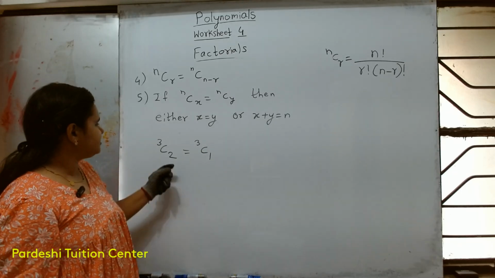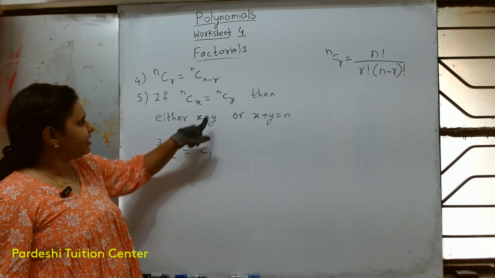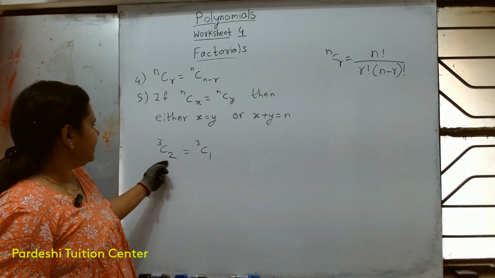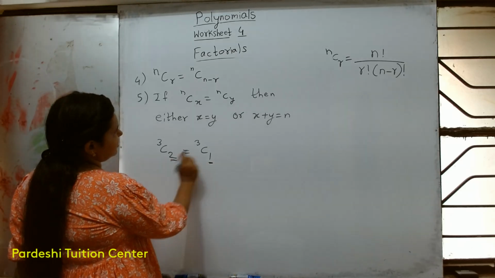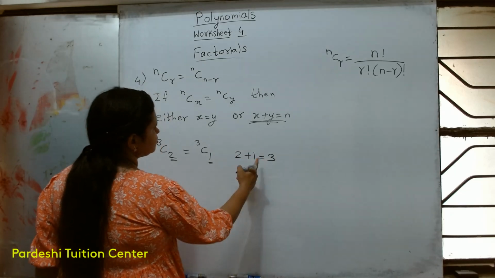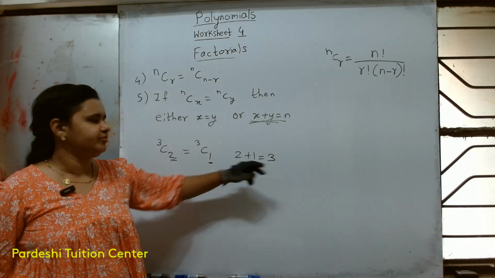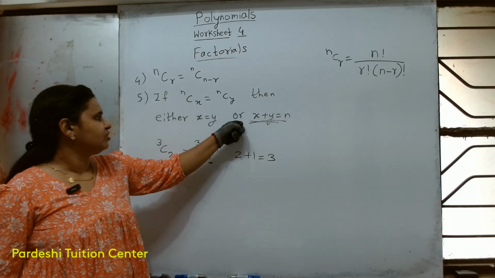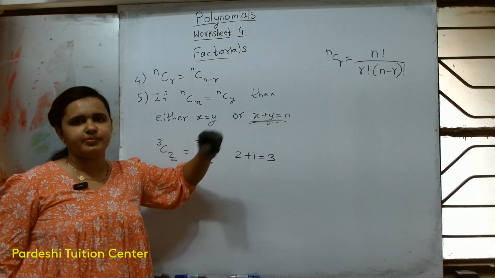Here n is 3, and if I compare both expressions, x is 2 and y is 1. Here x plus y equals n, so 2 plus 1 equals 3, and n is 3. So x plus y comes as 3. So here it is true. Here it is "or", so either this condition or this condition will be applied.